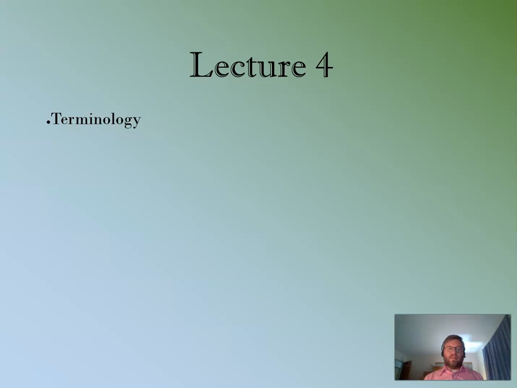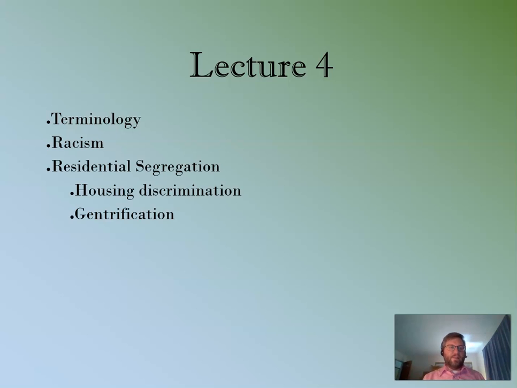So we're going to start by going through some terminology that we want to make sure to recognize. Then we're going to talk about what is racism. Then we're going to look at the phenomenon of residential segregation, where people of different races end up living in different neighborhoods. We're going to look at the roles of things like housing discrimination and gentrification in creating the pattern of residential segregation that we see.